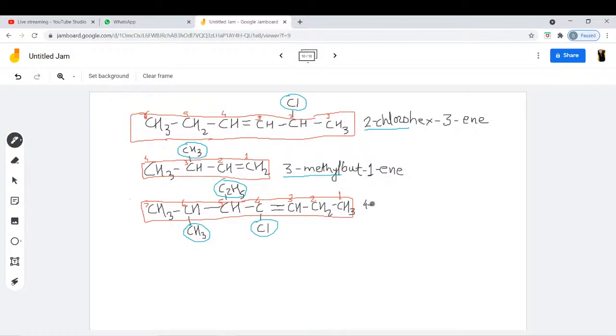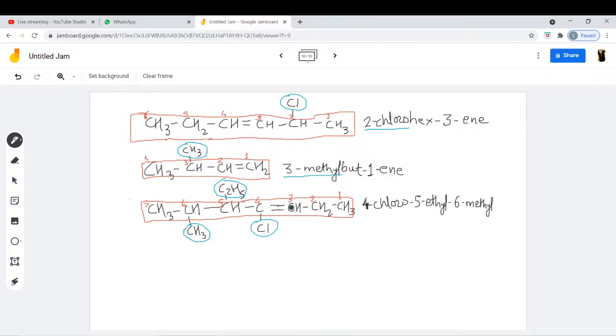So first chloro, on which position? 4. So 4 chloro, and 5 ethyl, then 6 methyl.